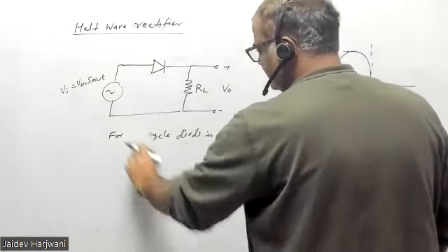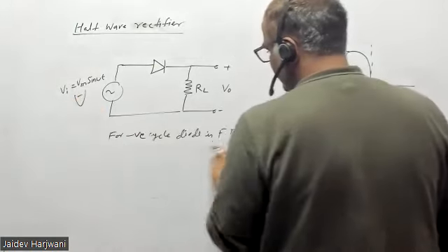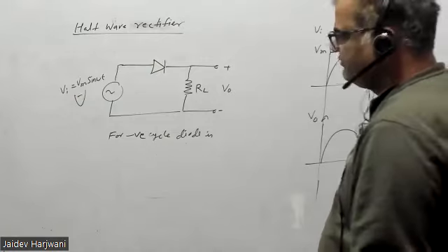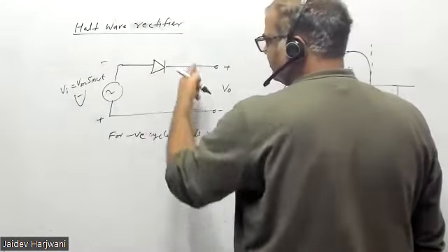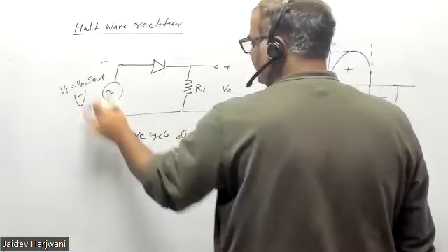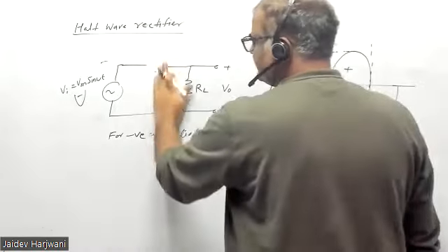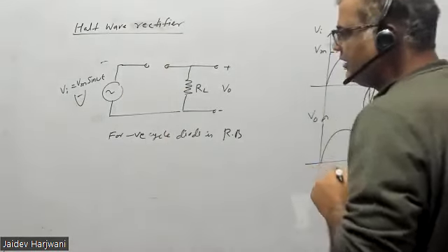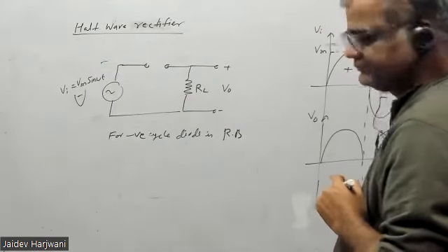Now for the negative cycle, is the diode forward biased or reverse biased? Reverse biased, because this point is negative and this is coming positive here. So the diode is reverse biased, and you can replace it by an open circuit. So how much current is flowing in the circuit? 0.